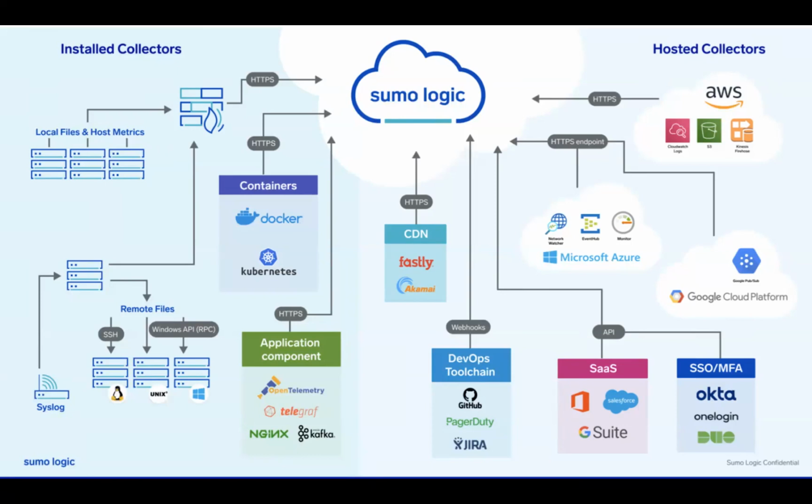And if you talk about the hosted way of collection, here, of course, you don't have to install any collector. For most environments like AWS, Azure, Google Cloud, we have simplified the solution. We have a very well documented method of collection, where in the case of AWS, we can provide you a template like a CloudFormation template, which can be deployed with a few clicks.